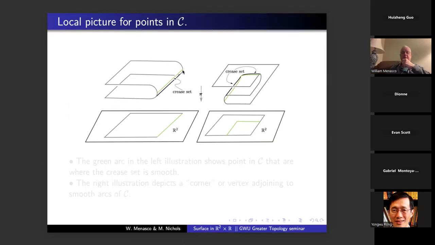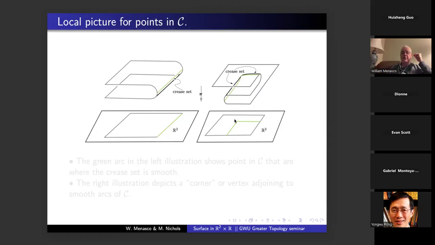So this crease set is the curve back up here in the embedding that projects down by our projection map onto R2 where it degenerates. You can have a point that is a kind of corner, where it's creasing one way over here and the other way over here. As you follow the one manifold, the crease set, around, it comes to a point where it flips over.